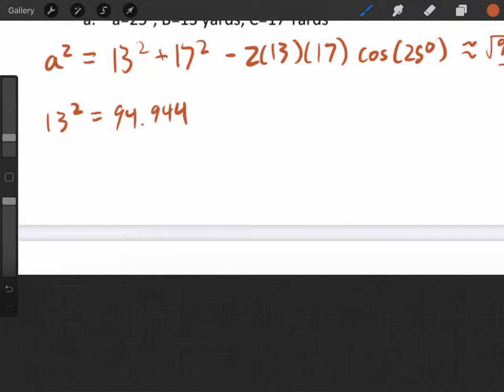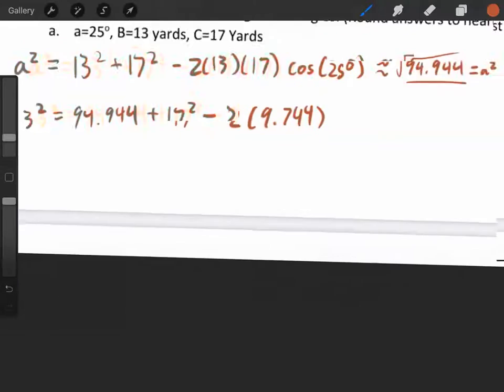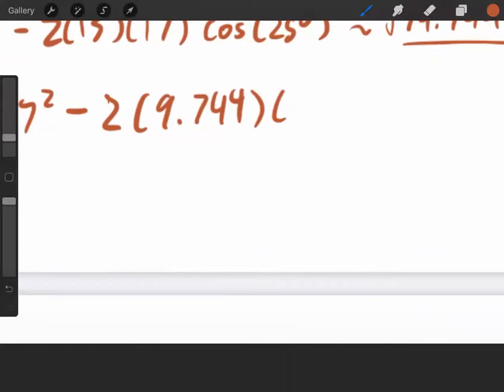Plus 17 squared minus 2 times 9.744 times 17 cosine of b.